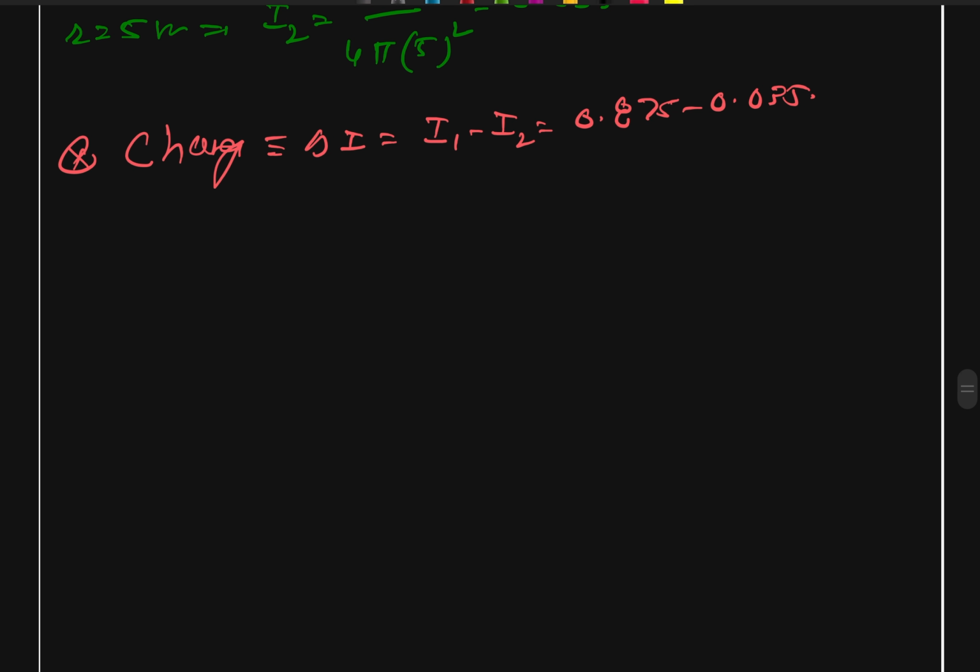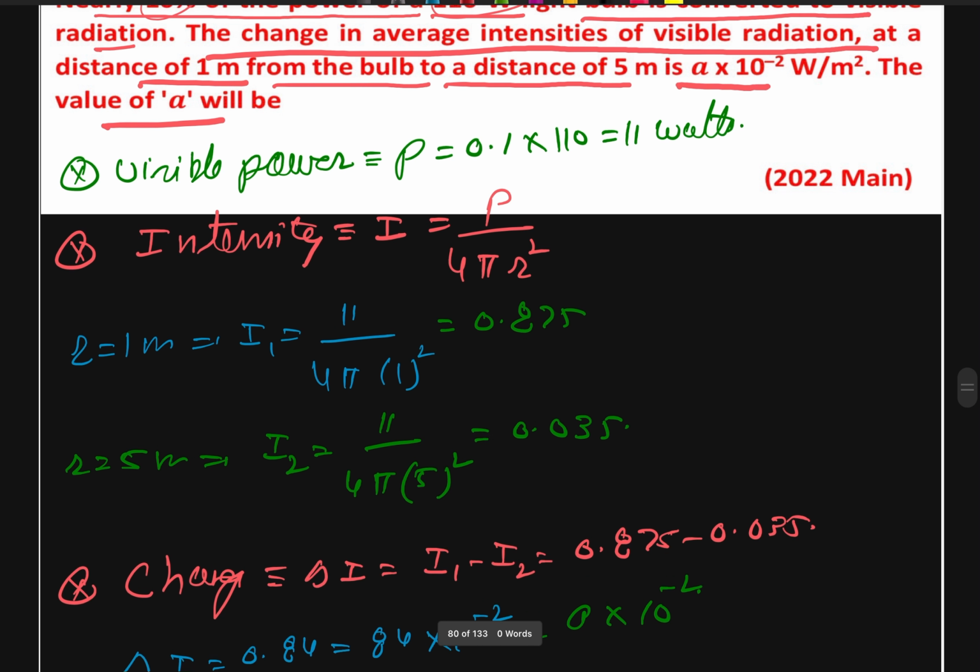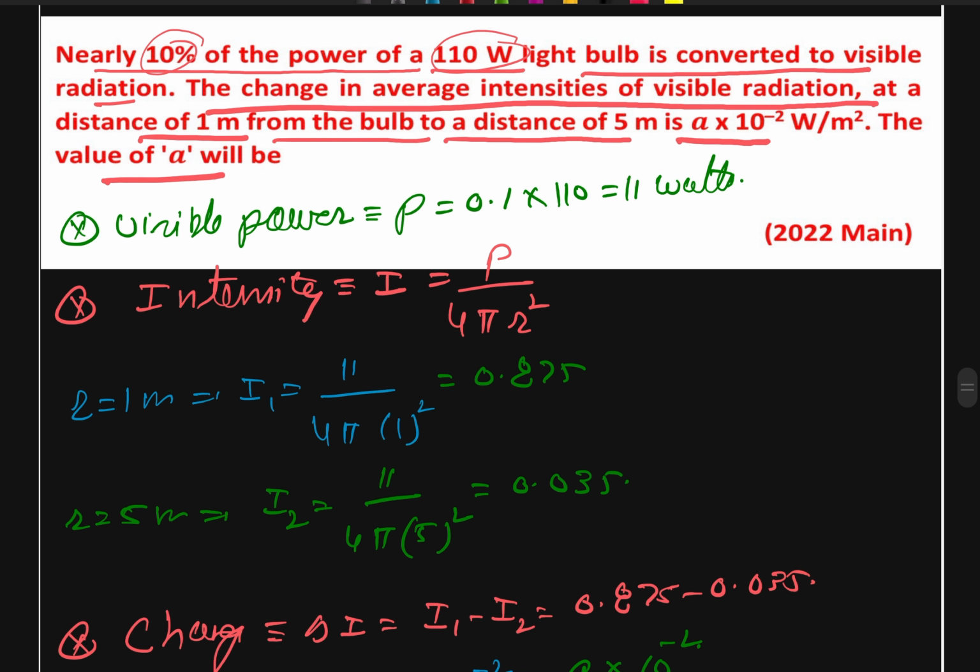So we get our delta of I will be equal to 0.84, or we can write this as 84 into 10 to the power minus 2, and we are given that this is equal to A times 10 to the power minus 2, which gives us that our value of A is equal to 84. So value of A is 84.